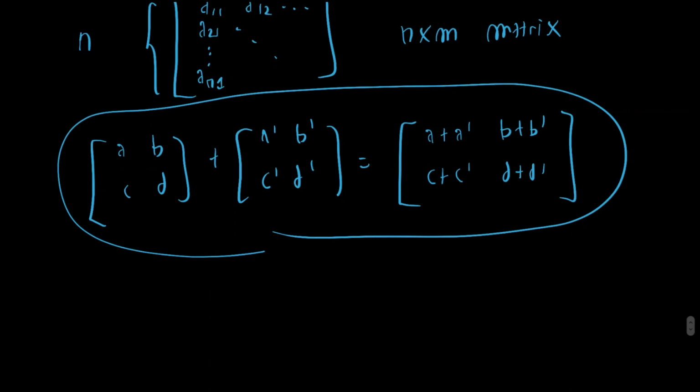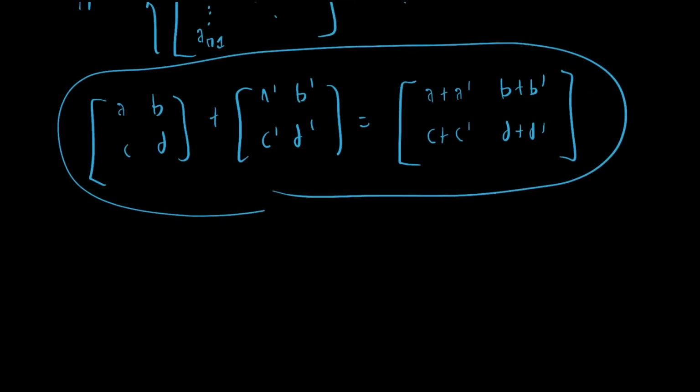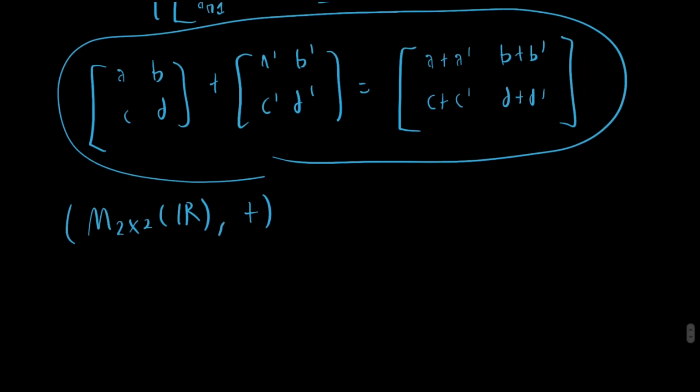And now let's state this fact. In particular, we will consider the algebraic structure given by the set of 2 by 2 matrices. We will write it as such. So this just means all 2 by 2 matrices under matrix addition that we'll denote with this plus here. And we claim that this is a group, and in particular it's an abelian group. So let's see why.